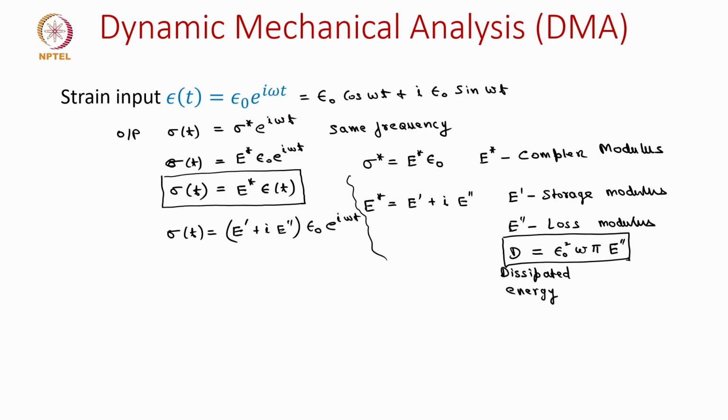Okay. So, what we have achieved is we are able to write the output stress in terms of these new quantities, the complex modulus, storage modulus and the loss modulus times the input strain. In the next slide, now we will go into these specific loads, the cosine load and the sine load. So, we will start with the cosine load.